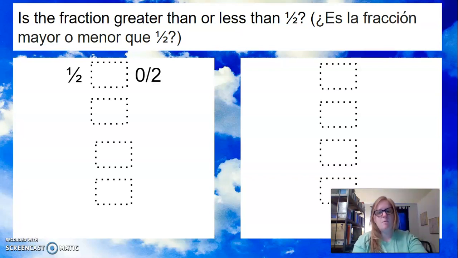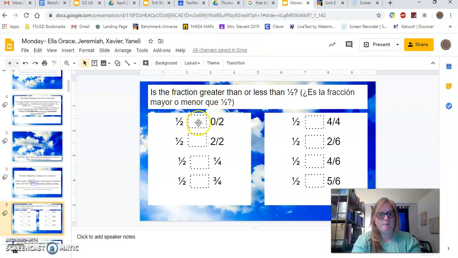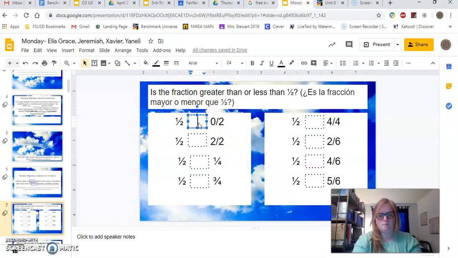I would say that it's more. Now, when you're doing your fractions, remember greater than is going to point to what is the bigger piece. Okay, the mouth points to the bigger piece. So it would actually be the other way, like that. Yeah, it would be like that. So when I'm going to type it in here, I'm going to do the mouth is open to the bigger piece.